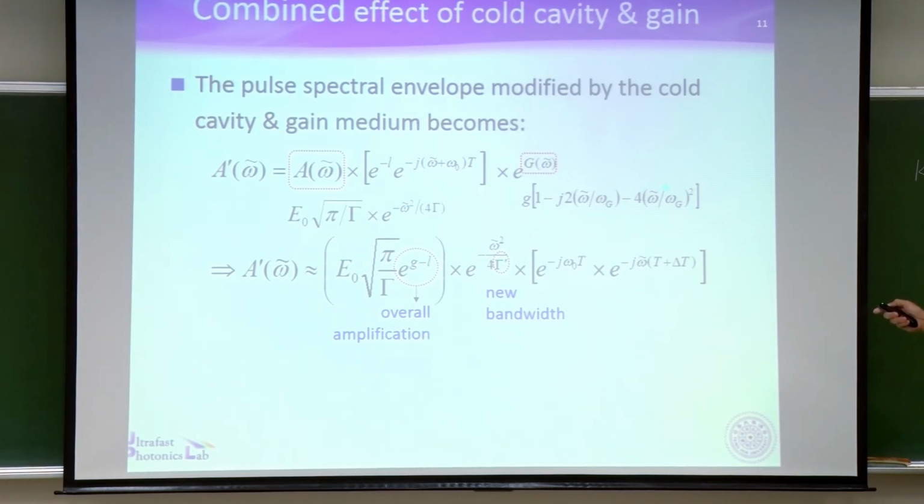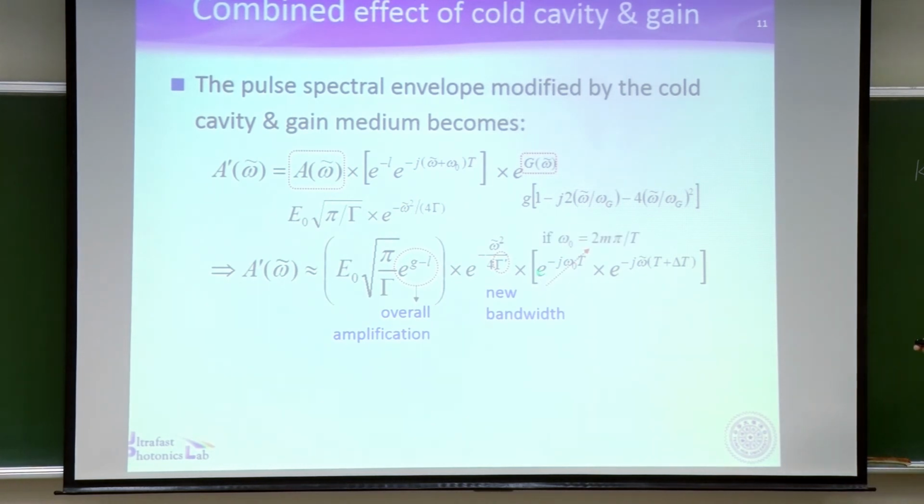Remember, this is quadratic, but it's in the exponent. So e to the quadratic function is a Gaussian function. And the Gaussian multiplied with the Gaussian is a new Gaussian with a different width, right? So you have a new bandwidth now. The bandwidth is changed because of the third term, which comes from the gain medium.